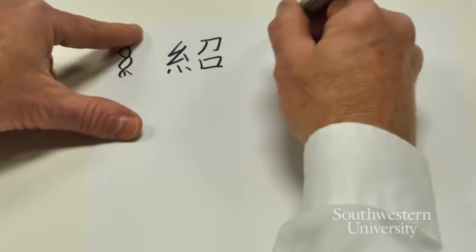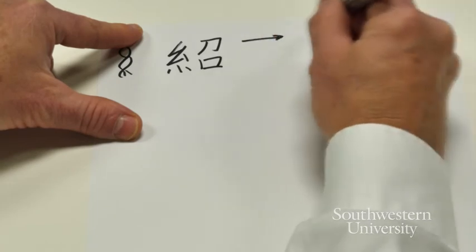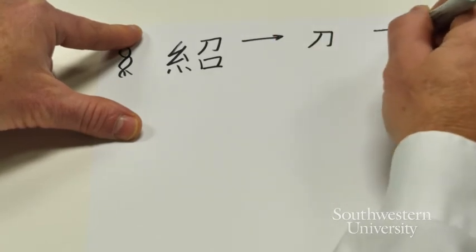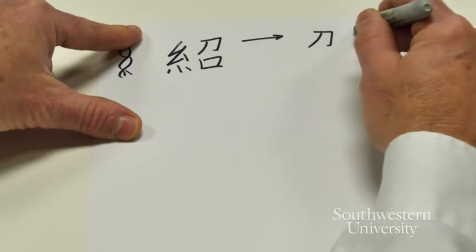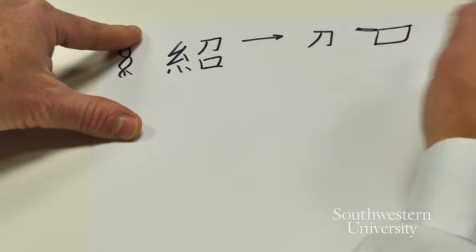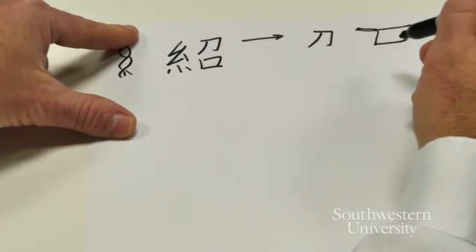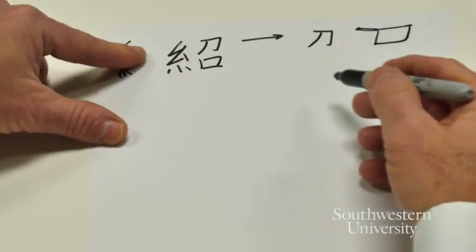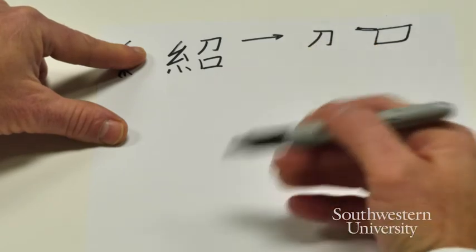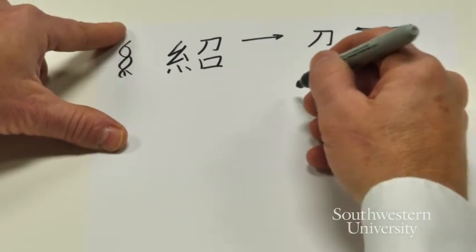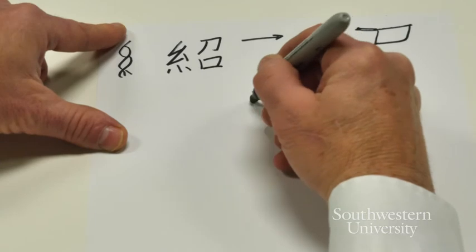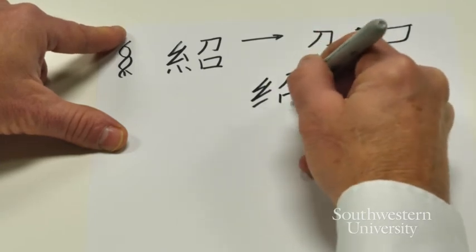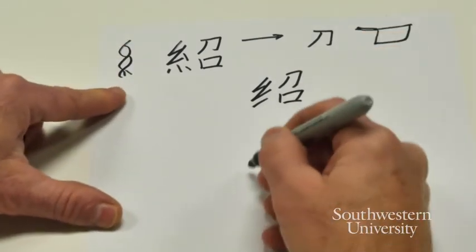So this thing on the top is dao, which means knife, and is sort of a depiction of this good old Chinese meat cleaver. Just phonetic here, and then mouth to speak. And very often, words that have to do with people or connections use this silk radical because there are threads of connection. Shao, let's write it out.